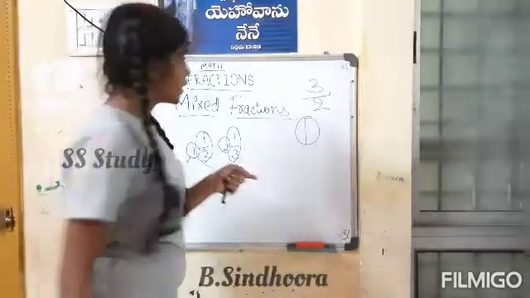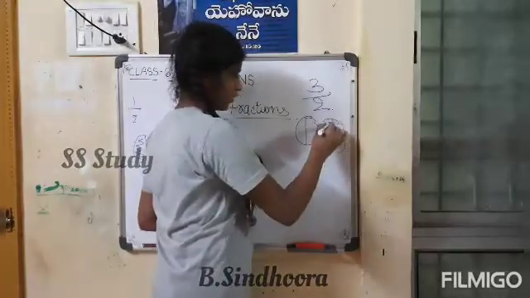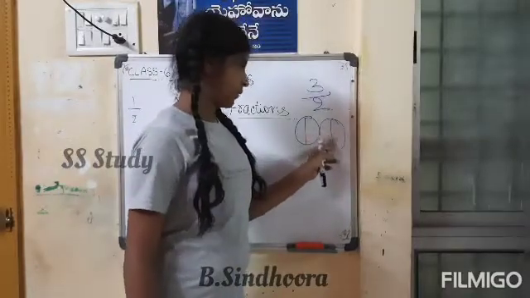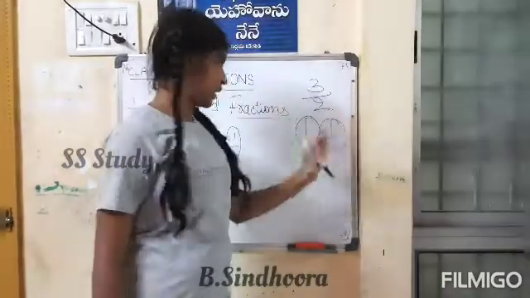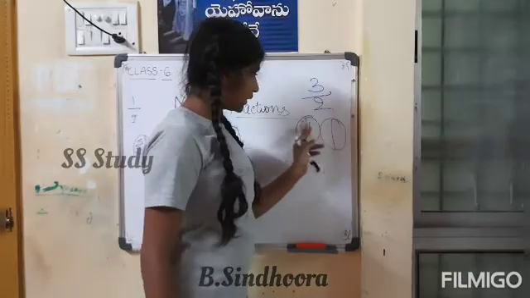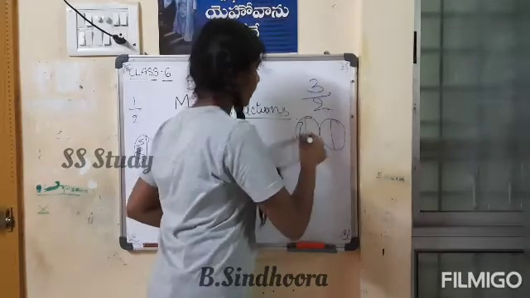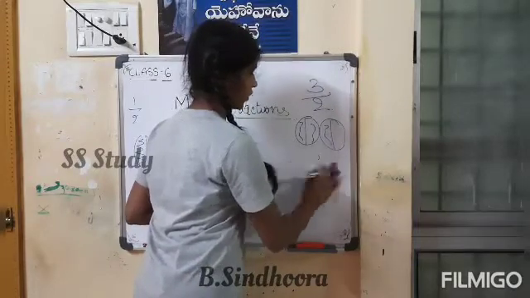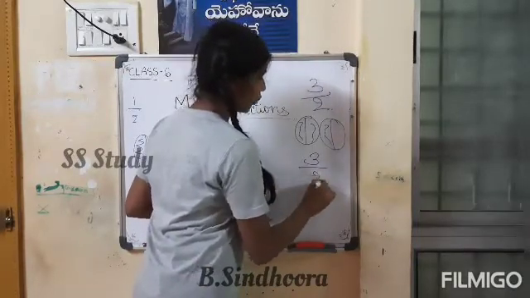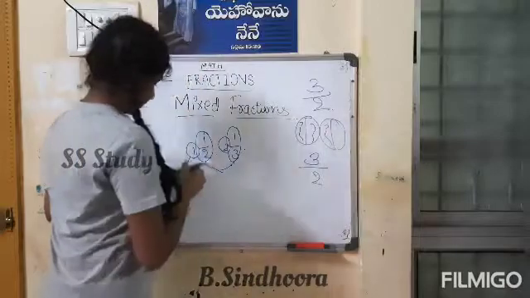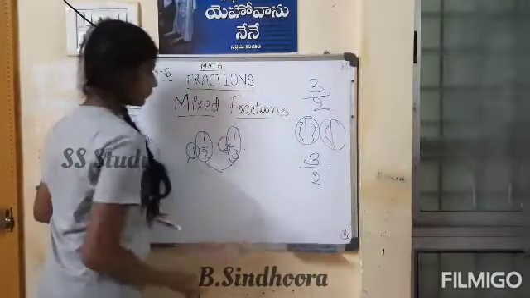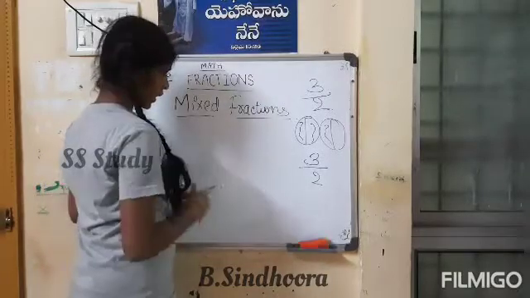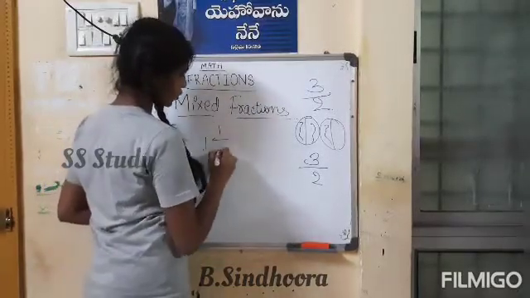You can't. For this you need to take another circle, also with 2 equal parts. This will not become 4. This is 2, this is 2, two equal parts, and you will shade 1, 2, and 3. This is 3 by 2. Okay. And how will you do 1 by 2?